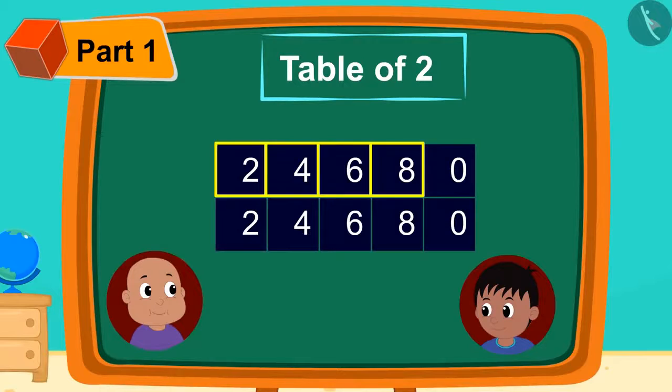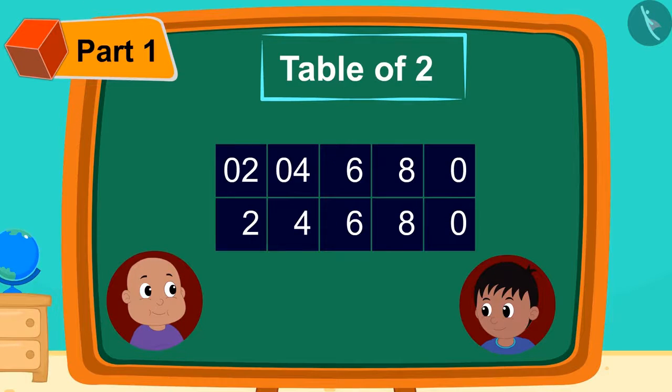Now he wrote 0 in front of 2, 4, 6 and 8 in 4 cells of the first line. And finally wrote a 1 next to the written 0.